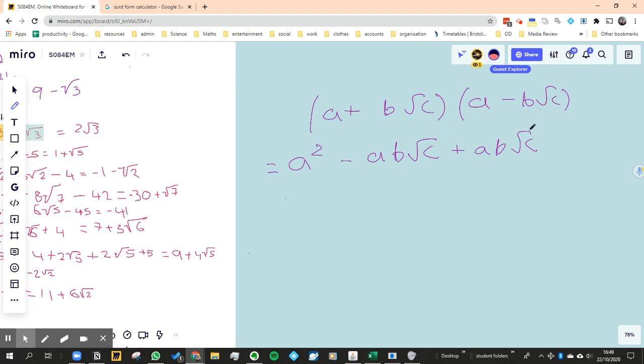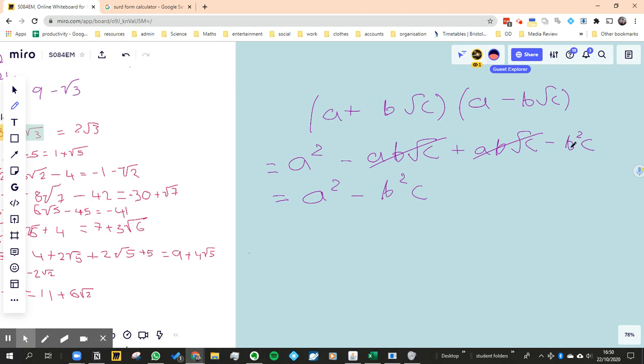The remaining thing that needs to be multiplied is these ones. Well, because within that multiplication you're multiplying root C by root C, that's just going to become C. So B root C multiplied by negative B root C will be negative B squared C. So that gets cancelled out to A squared minus B squared C, because these ones cancel out.